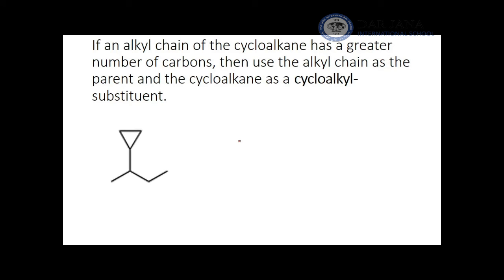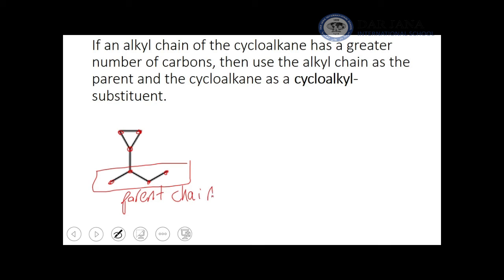If an alkyl chain of the cycloalkane has a greater number of carbons, then use the alkyl chain as the parent and the cycloalkane as a cycloalkyl substituent. Look at this example. Here we have 3 carbon atoms in this cycloalkane, while this chain contains 4 carbon atoms. So I am going to take this one as a parent chain, and this part will be the alkyl group.